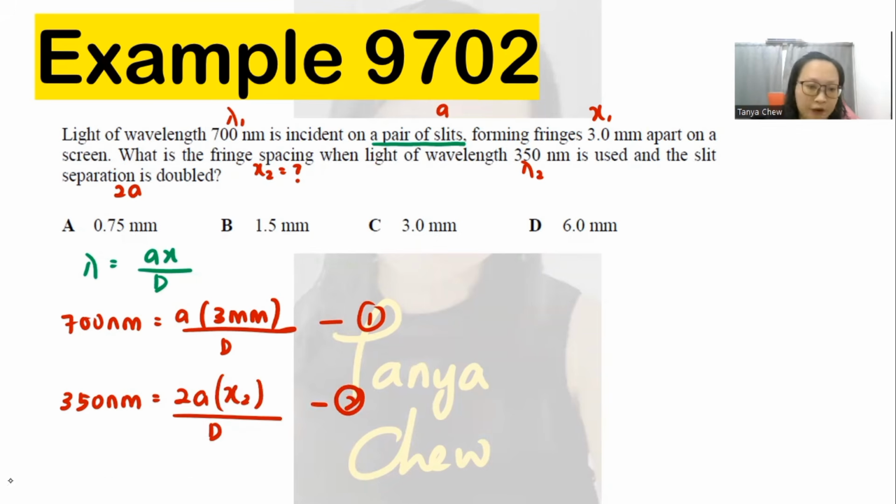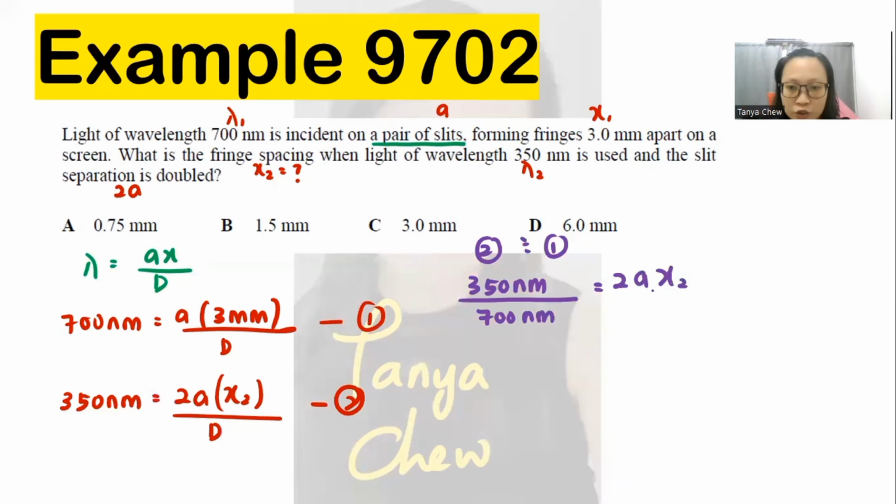Since I'm supposed to find x2, I am using the second equation divided by the first equation. So 350 nanometer over 700 nanometer equals 2A x2 over D, just invert that, times D over A times 3 mm. Now this is the most interesting and my favorite part, cancelling.